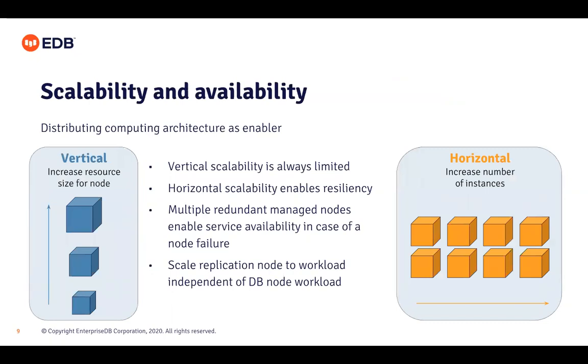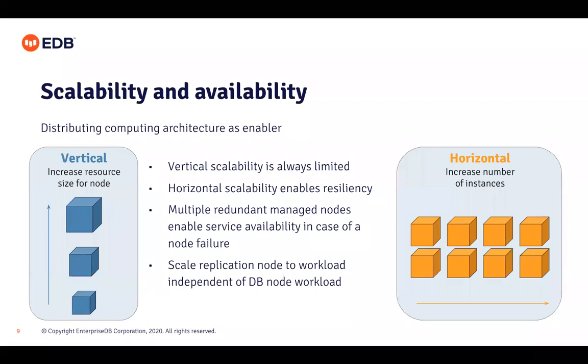I think everyone knows and has experienced vertical scalability. This is where we have a given node with a certain amount of resource available to us, for example a compute node with so many CPU cores.